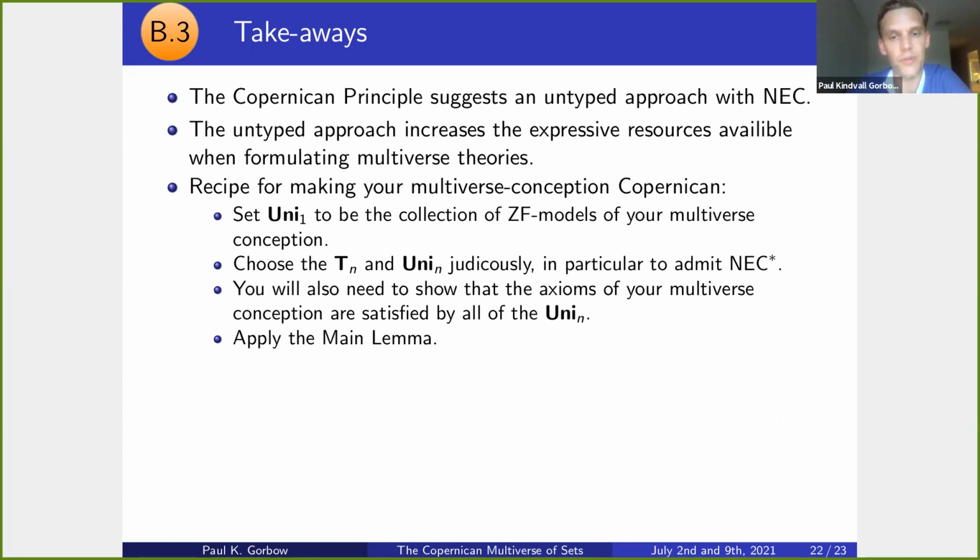And basically you need to show that the axioms of your multiverse are satisfied throughout the hierarchy, and that's I guess the work that needs to be done to incorporate the Hopkins axioms and then apply the main lemma. So that's the basic technique that you can make use of by our results.